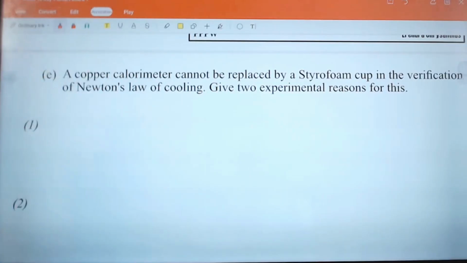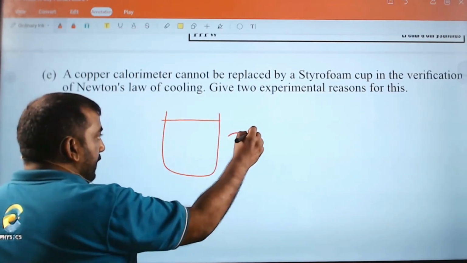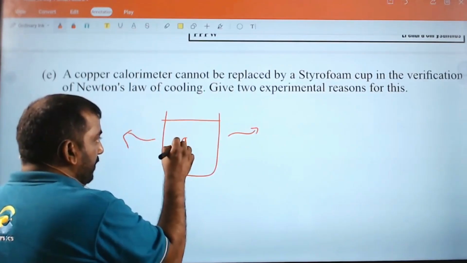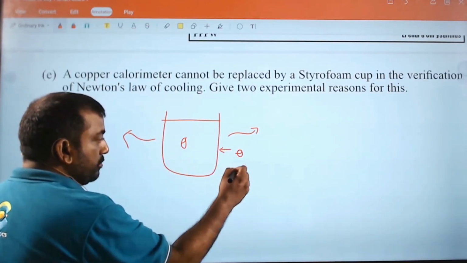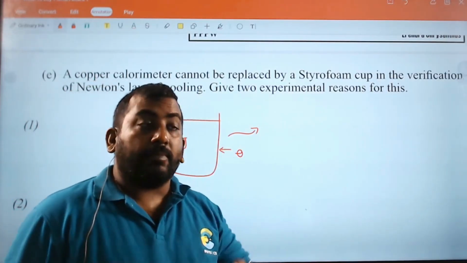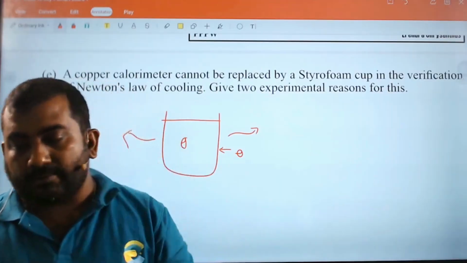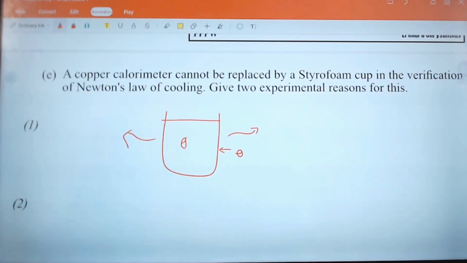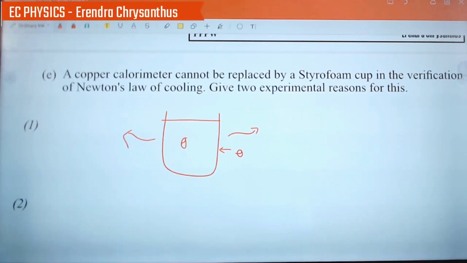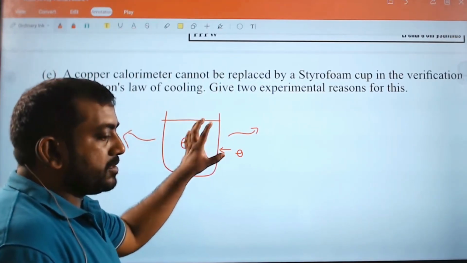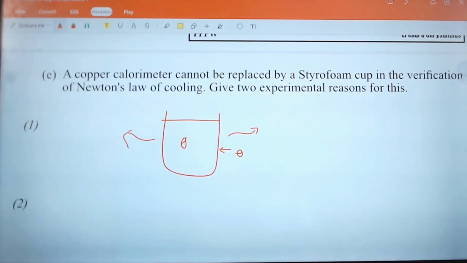Now, in Newton's law of cooling, the whole idea is when there is heat loss, the temperature of the liquid inside and the temperature on the outer surface should be the same.